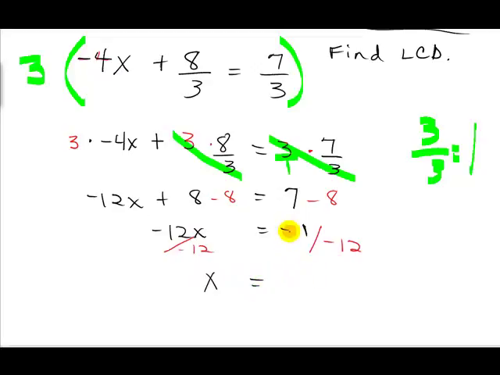The two negatives that I have here and here will become positive. And then, even though I got rid of the fractions to do the work, you still can end up with a fraction as an answer.